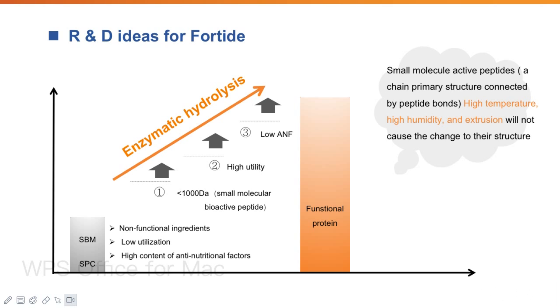On one hand, Fortide is rich in small molecular active peptides, which are less than 1,000 Dalton, and these are small peptides of 2 to 6 amino acids. These small molecular active peptides have the function of promoting the quick proliferation and differentiation of the intestinal epithelium and increasing the tight junction between cells.